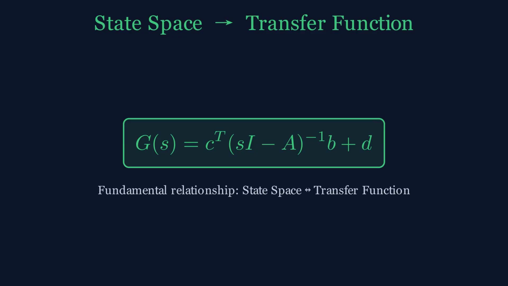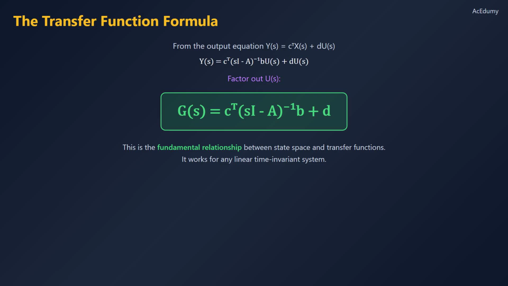Here, I is the identity matrix. Solving for X(s) equals the inverse of (sI minus A) times B times U(s). Now substitute into the output equation. Y(s) equals C transpose X(s) plus D U(s).